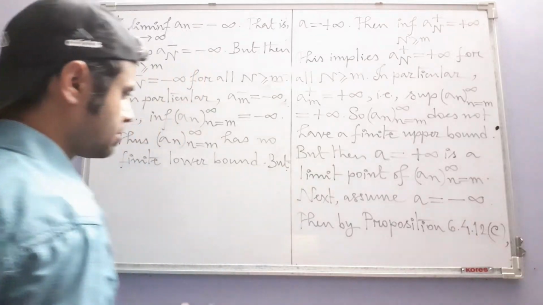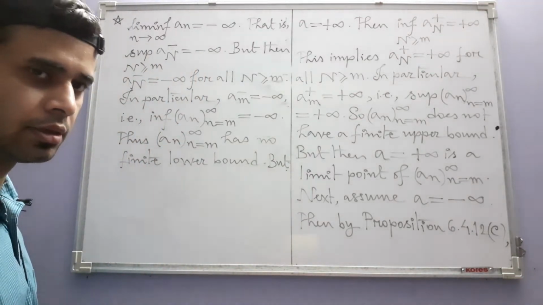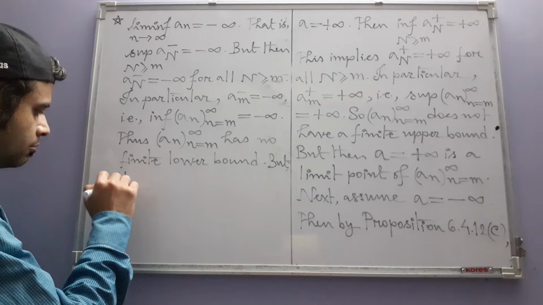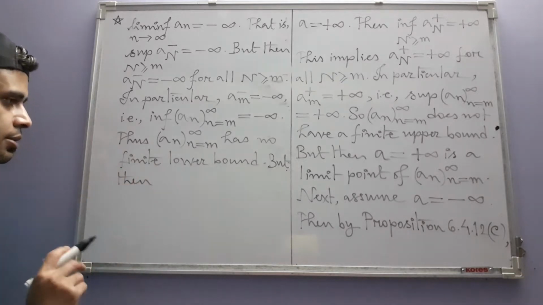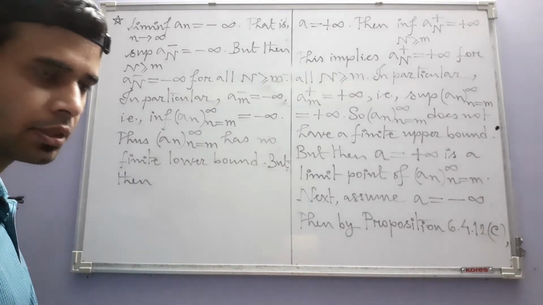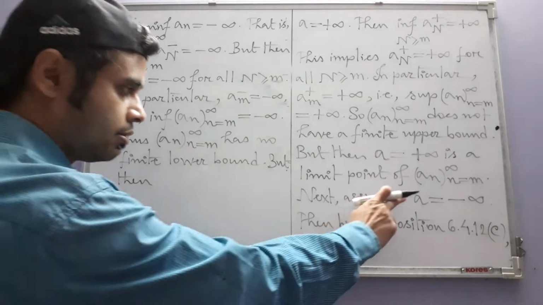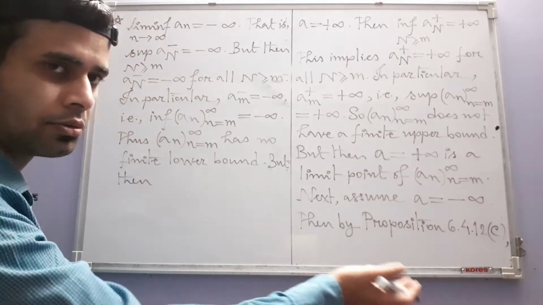But when a sequence is not bounded below by a real number, then minus infinity is by definition a limit point of the sequence, and that's what the limit superior is now.